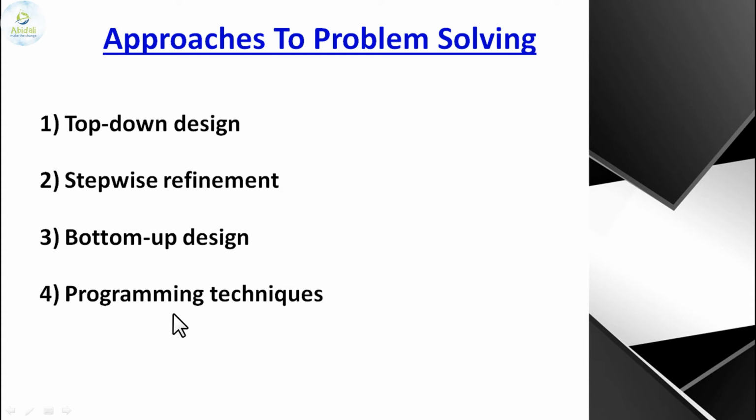There are different approaches that we are going to look at. The first is the top-down approach. The next are stepwise refinement, bottom-up design, and programming techniques, which are the different approaches to solve a given problem. Approaches, not the tools. The tools that we have discussed are the algorithm and the flowchart.